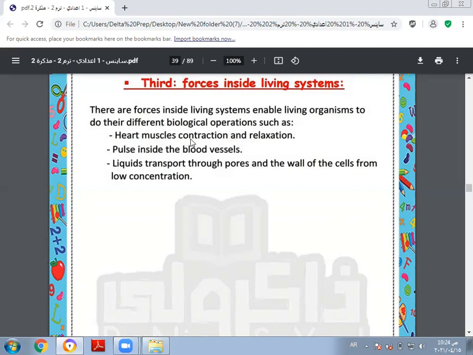What does the contraction and relaxation of the heart do? It helps the heart to pump blood all over the body organs and vice versa. A give reason may come: blood is pumped all over the body organs. The answer is due to heart muscle contraction and relaxation.